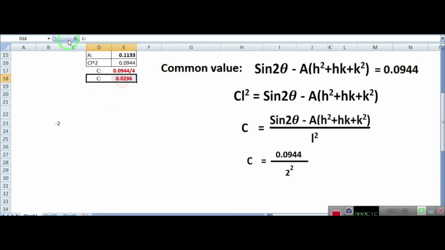So this is the value of capital C and this is capital A. If we know the capital A value and capital C value, then we can easily calculate the lattice parameters small a and small c.